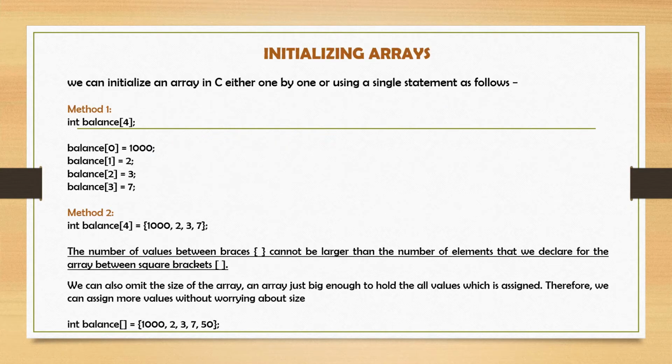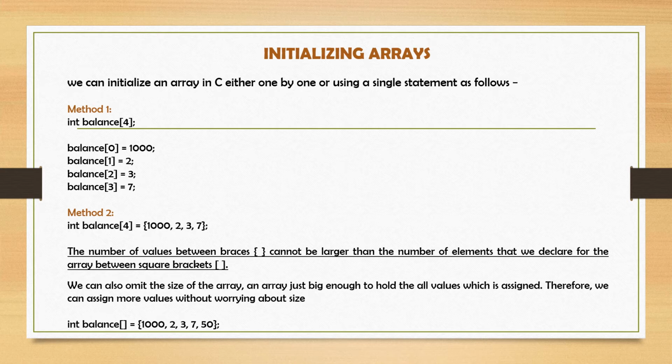The next topic is initializing arrays. This slide teaches you how to assign values to the arrays. We can initialize an array in C either one by one or using a single statement as follows. Consider an integer array named balance of size 4.